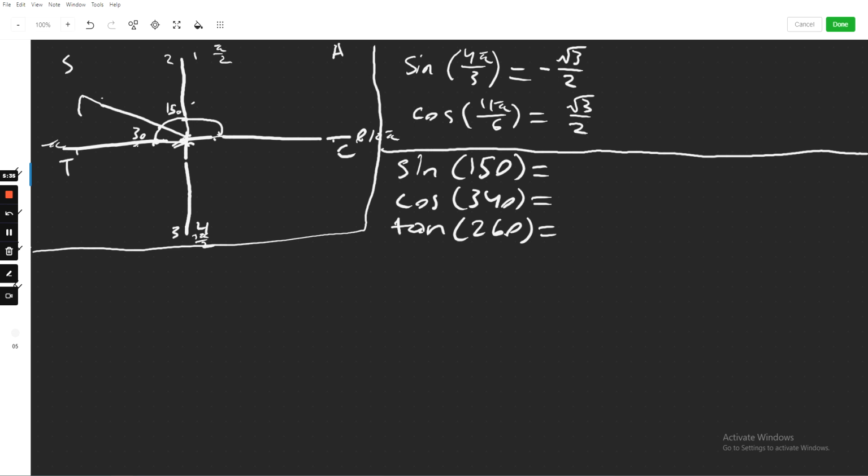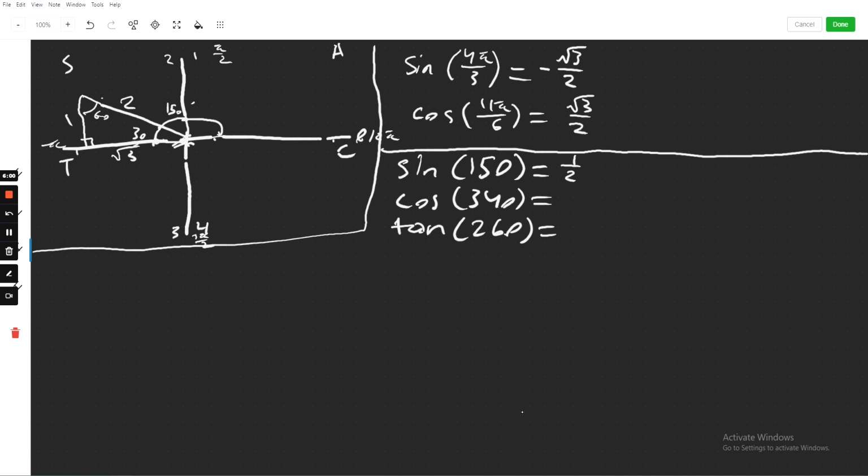Therefore sine 30 degrees would be equal to 1 over 2. We can actually use a special triangle: this is 60, this would be 2, this would be 1, and this would be root 3. So sine 30 degrees is 1 over 2. Therefore, sine 150 is 1 over 2 as well.